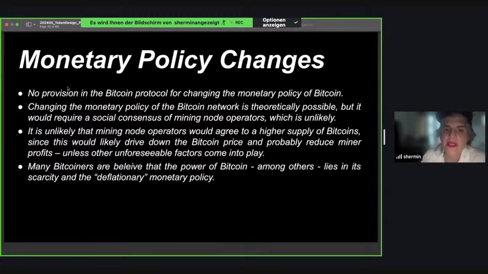Changing the monetary policy of the Bitcoin network is theoretically possible, but it's very unlikely because it would require the social consensus of all mining node operators, who would probably not profit from issuing more Bitcoins, unless certain unforeseen market dynamics unfold. So theoretically it's possible, but it is very unlikely that this monetary policy will change.